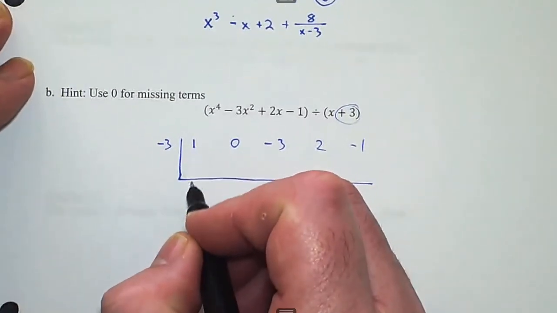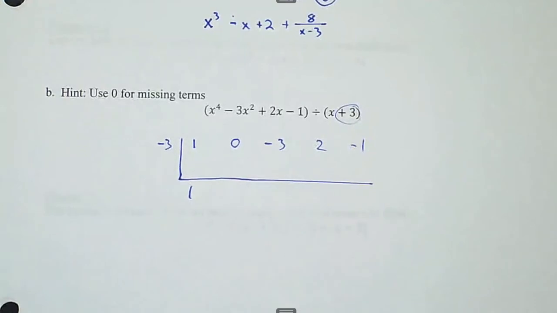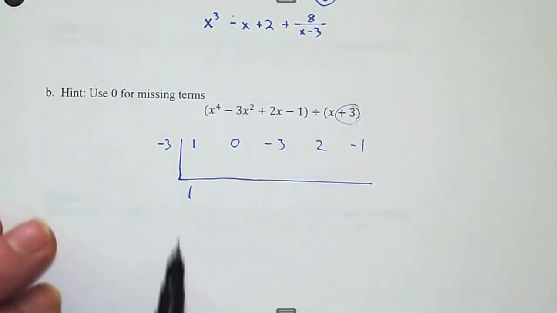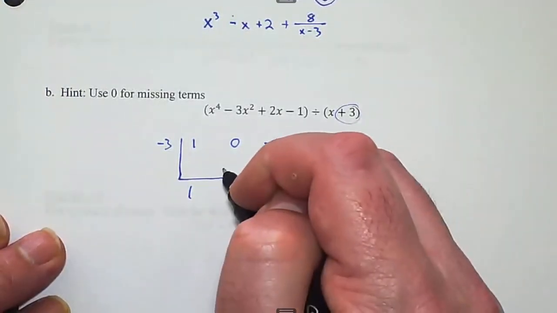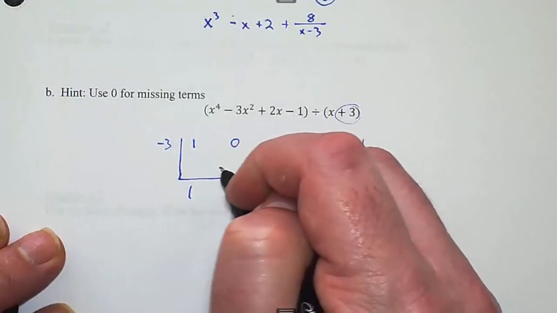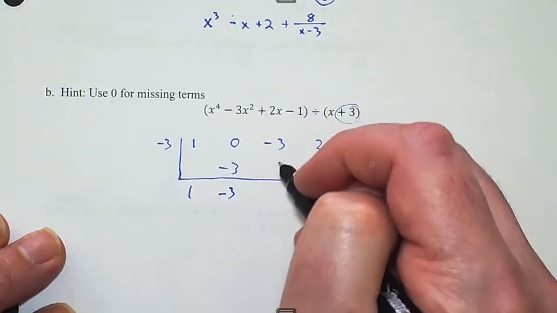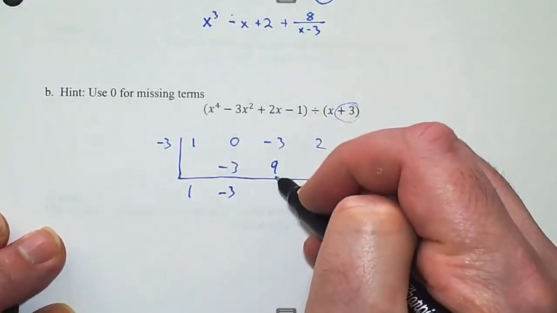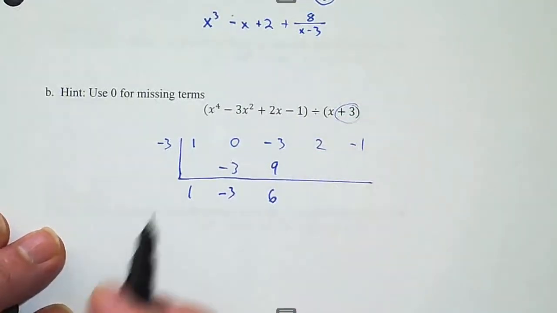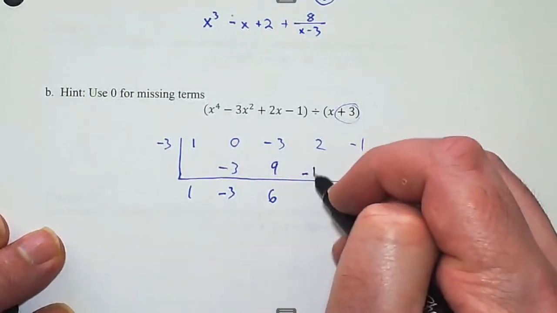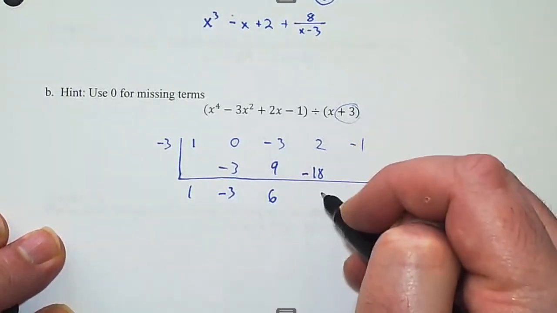Bring this number straight down. That's the first step. Bring it straight down. Then you multiply, and you get negative 3 times 1 is negative 3. Then you add. Then you multiply. And then you add. Multiply. Add.